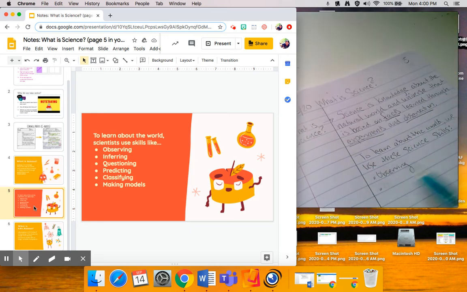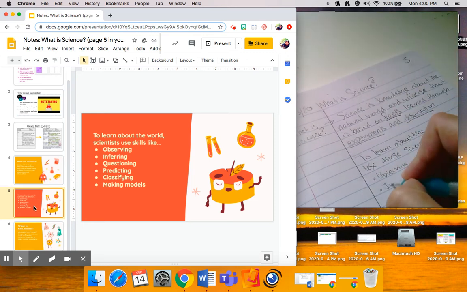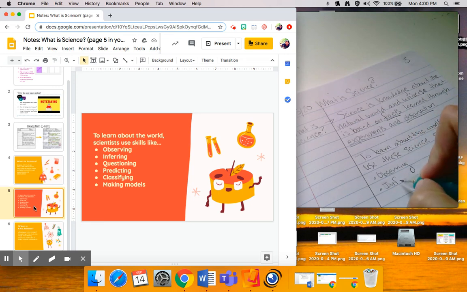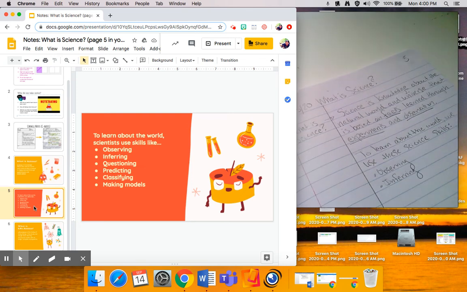So sometimes after we make an observation, we infer. For example, Miss Kristen is wearing a red shirt. I infer that she really likes the color red. So I made an observation and then an inference based on that observation. I inferred.